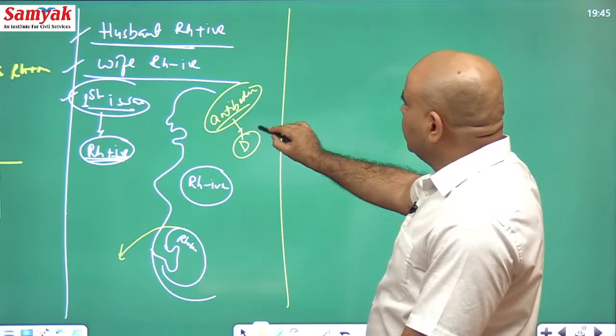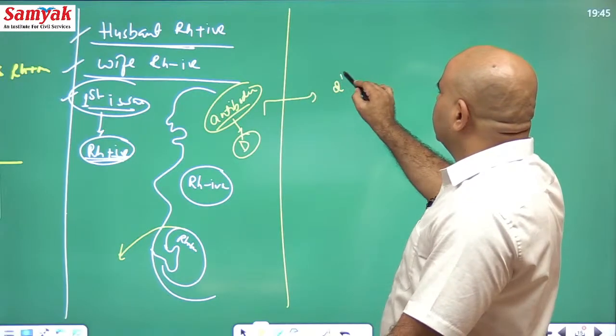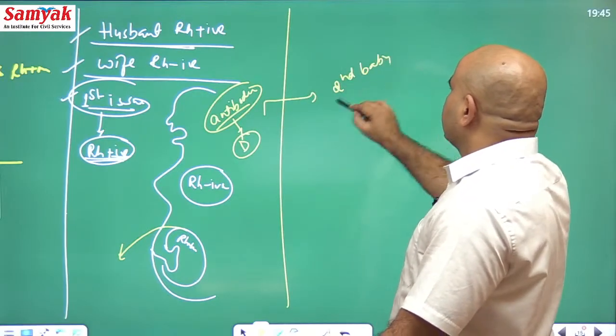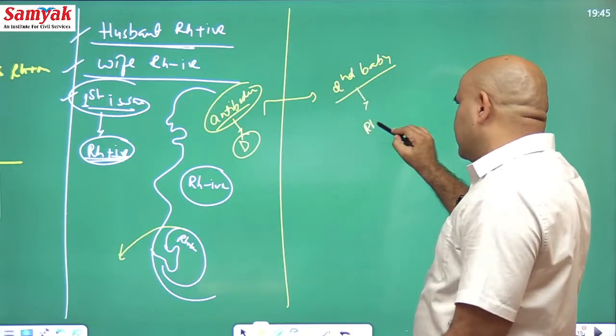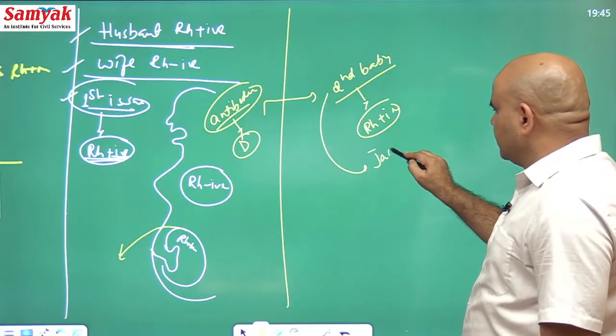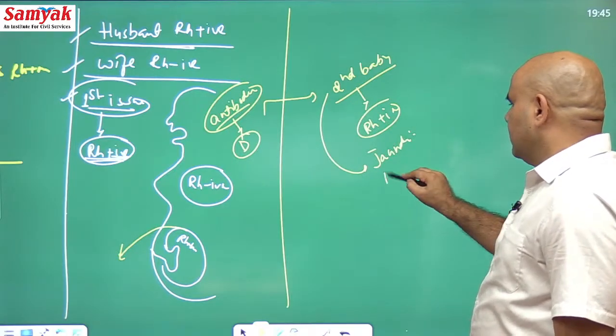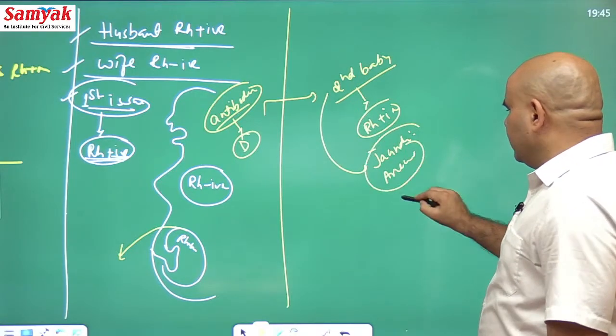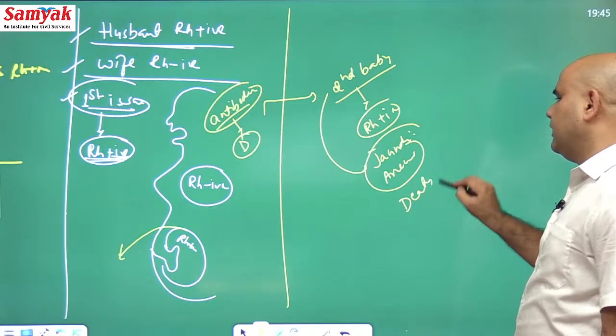Because of the presence of these D antibodies, if the second baby is RH positive, this baby will face a lot of issues like jaundice, anemia, and even death of the baby in the womb.